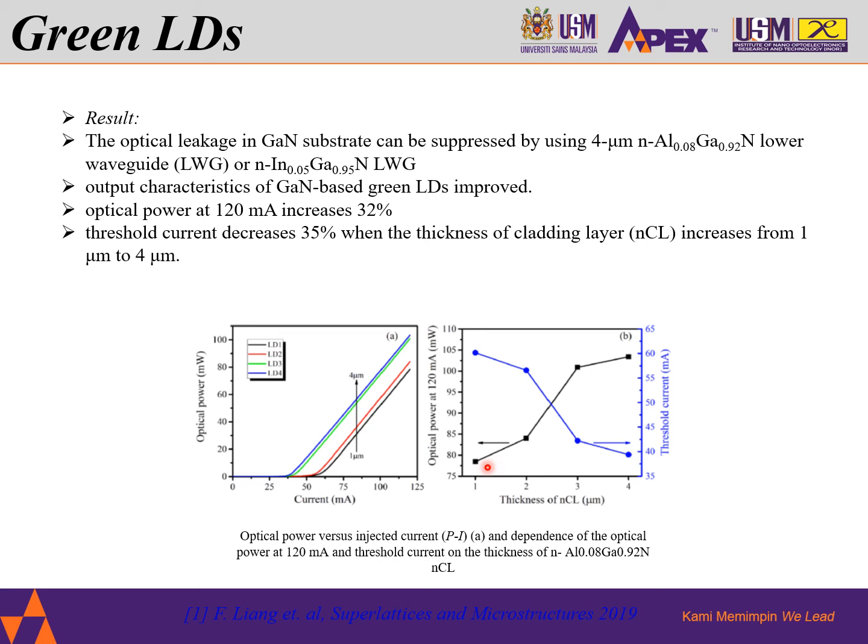It means that optical power at 120 milliampere increases around 32%, and the threshold current decreases around 35% when the thickness of the AlGaN cladding layer increases from 1 to 4 micron. These results demonstrate that increasing the thickness of the cladding layer can improve the output performance of GaN-based green LDs by suppressing the optical field leakage.